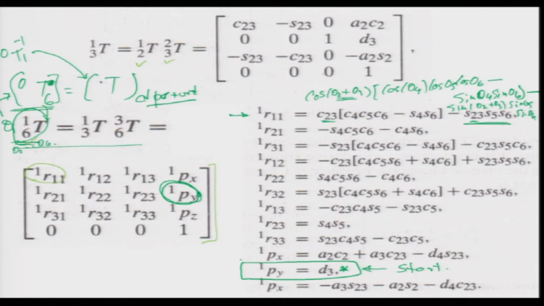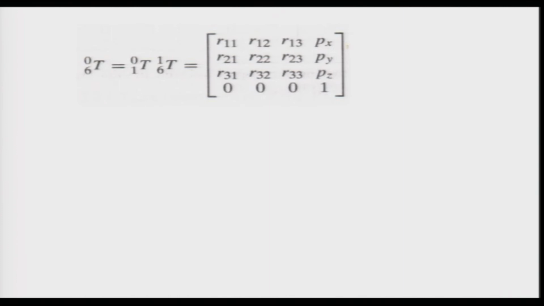We observed that if you multiply 1 to 6, this transformation matrix 1 to 6, then you end up with a term P1y, which only has a d3 there. Everything else has a sin and a cos. So we start from here, and this is my 0 to 6 matrix. 0 to 1 and 1 to 6 is given by here.